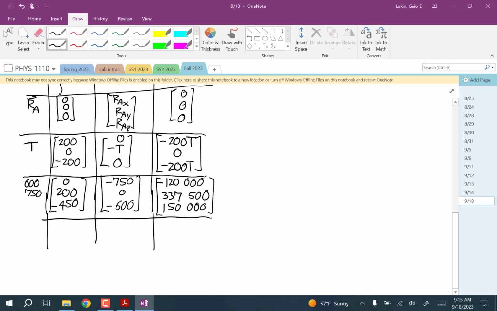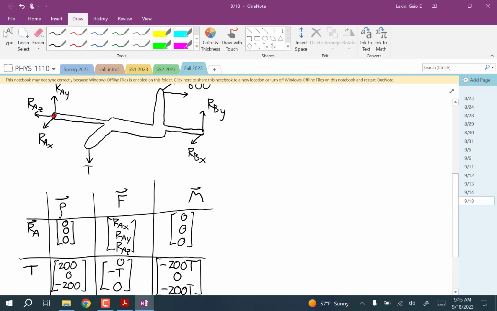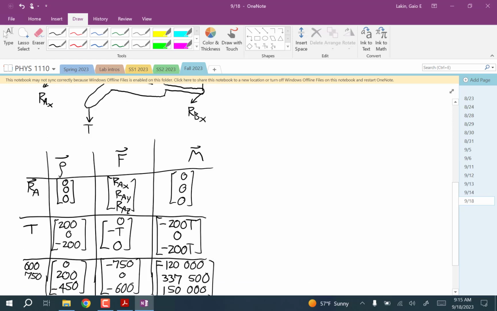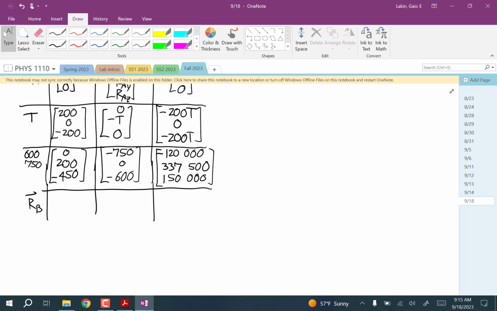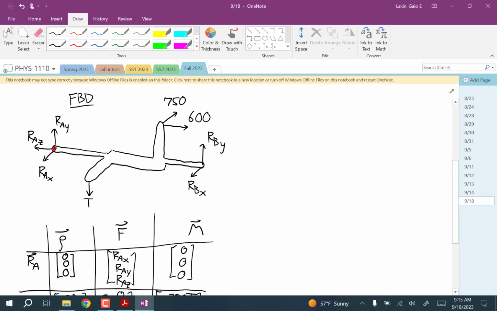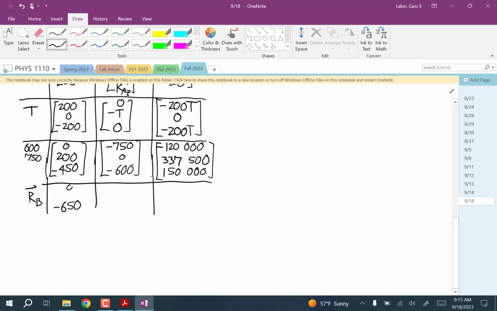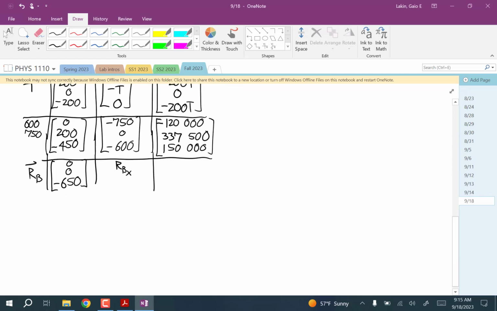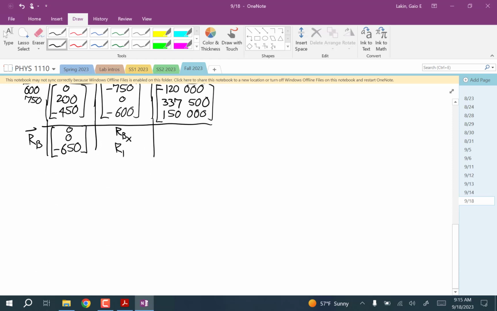And then the last one is our B. So that's probably 650 in the negative z. And nothing else. We have an RBX and an RBY, but no RBZ.